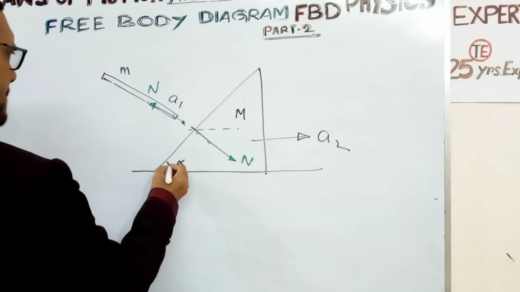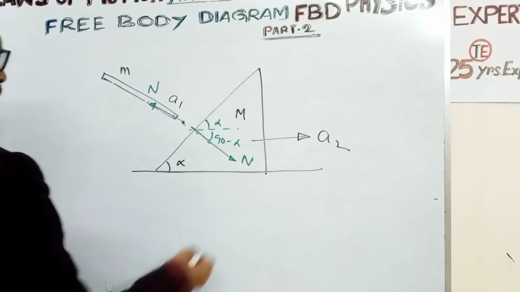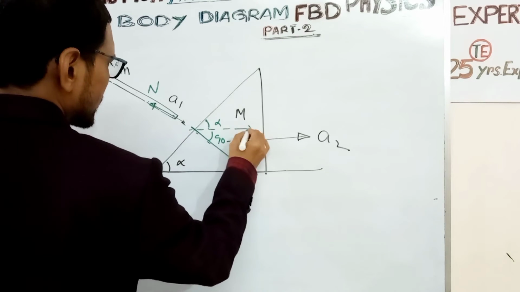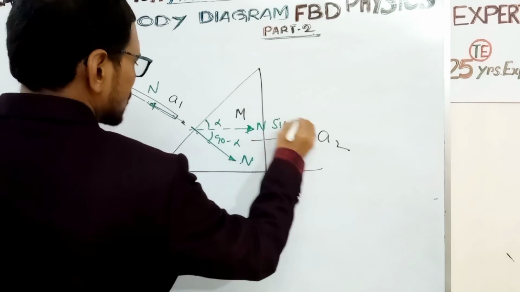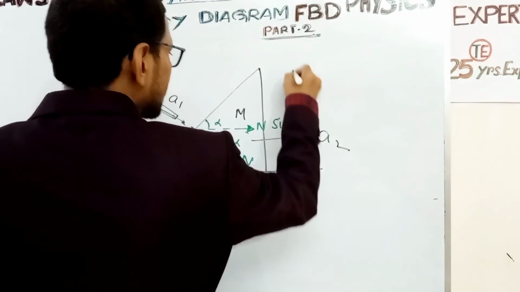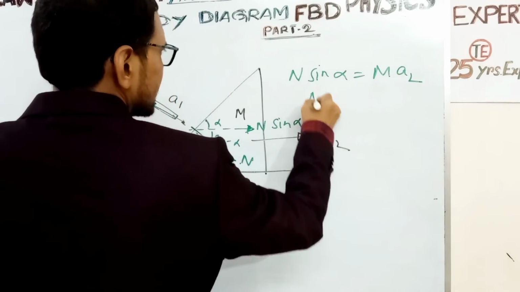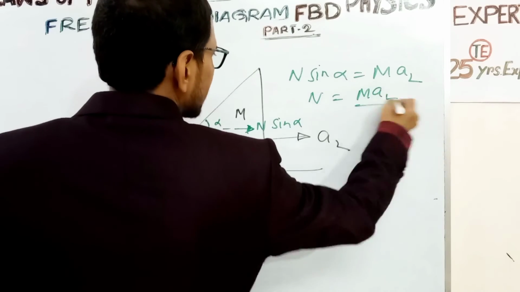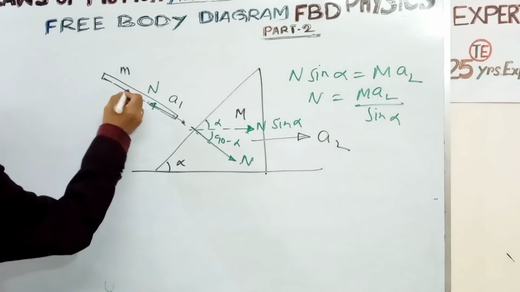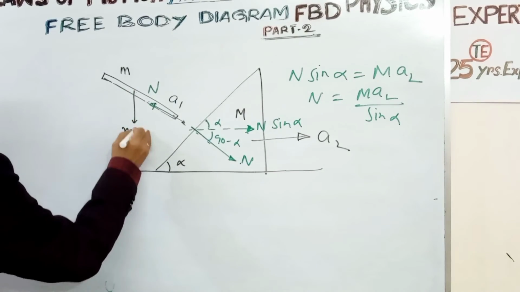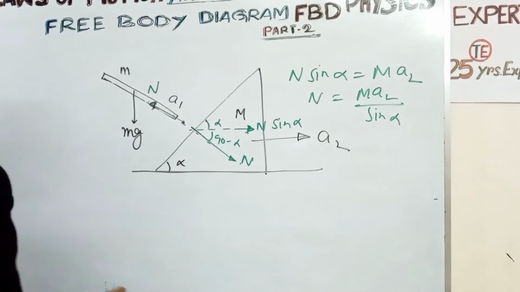If this angle is alpha, then this angle is 90 minus alpha, so the component of this along this is N cos(90 minus alpha), that is N sin alpha. So the equation of motion of the wedge will be N sin alpha equal to M A2, that is N equals M A2 by sin alpha. Now what is the equation of motion of the rod? The weight of the rod acts in this direction, and the normal N is in this direction.